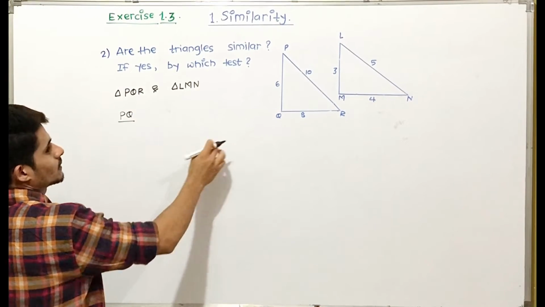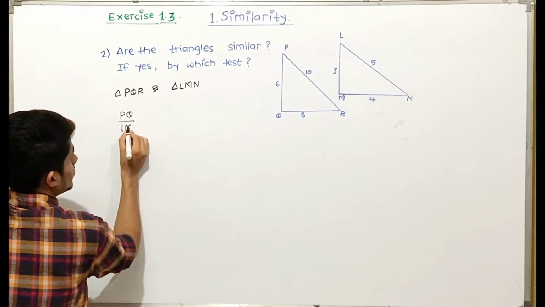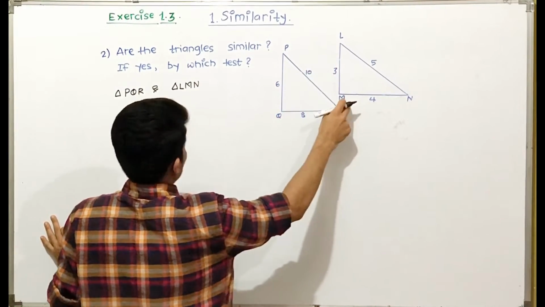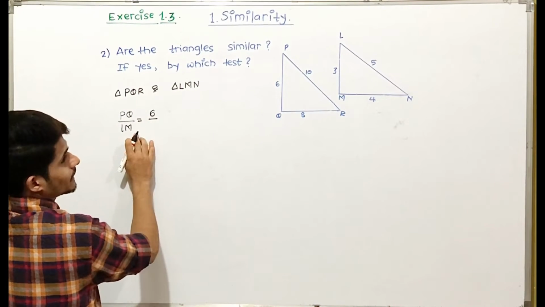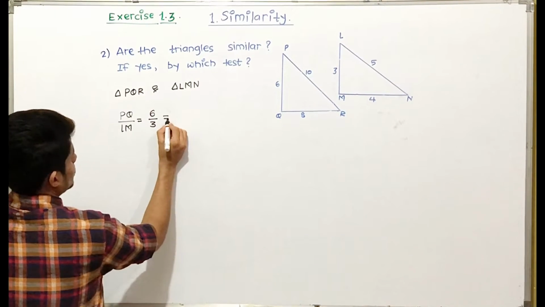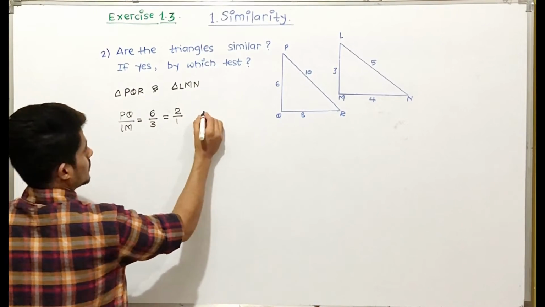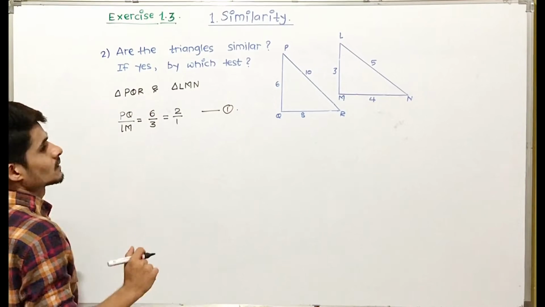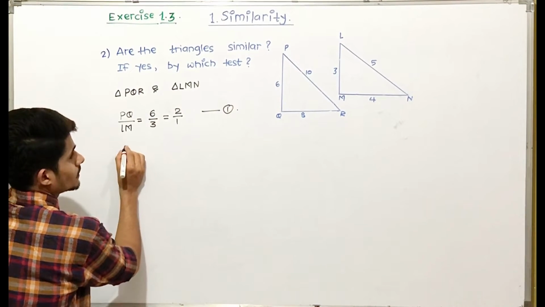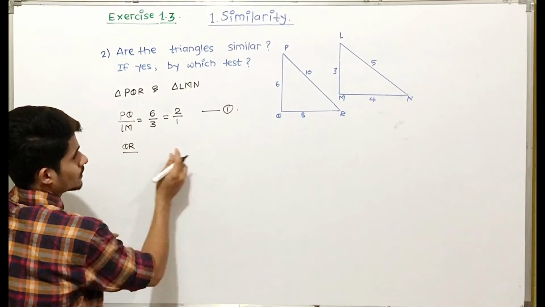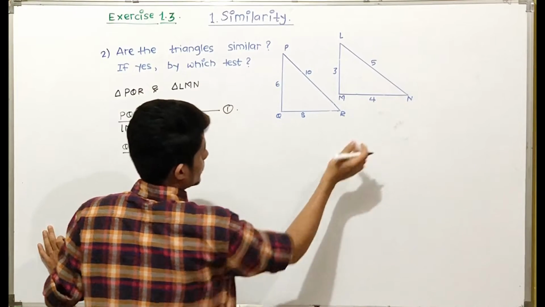PQ upon the corresponding side of PQ, which is LM. PQ is 6, LM is 3. If we divide, then we get 2 by 1. Similarly, we will take other corresponding sides. QR, corresponding side of QR is MN.